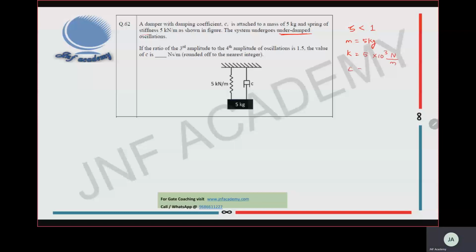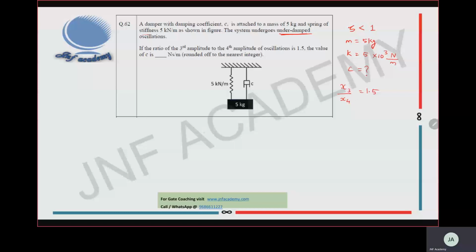The question which they asked here is the C value, that is damping constant. Then one more data they gave, the ratio of the third amplitude to the fourth amplitude. So successive amplitude ratio they gave. X3 by X4 is equal to 1.5.